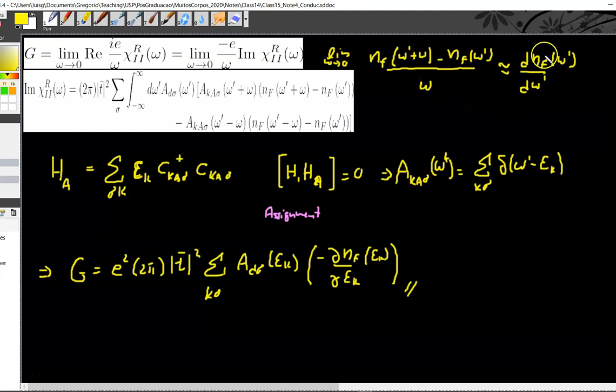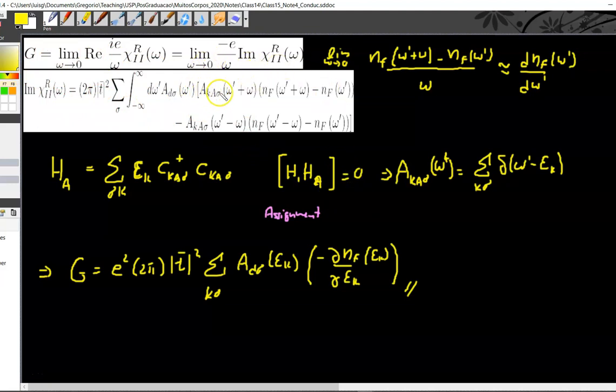So it's like the derivative of the Fermi function with respect to omega prime. So in both of these cases, that's what we get. Except that this is minus the derivative, so there is a minus sign here, which will make up for this minus sign. There might be a factor of 2 missing here. Yeah, I think there's a factor of 2 that we forgot in the previous slide.